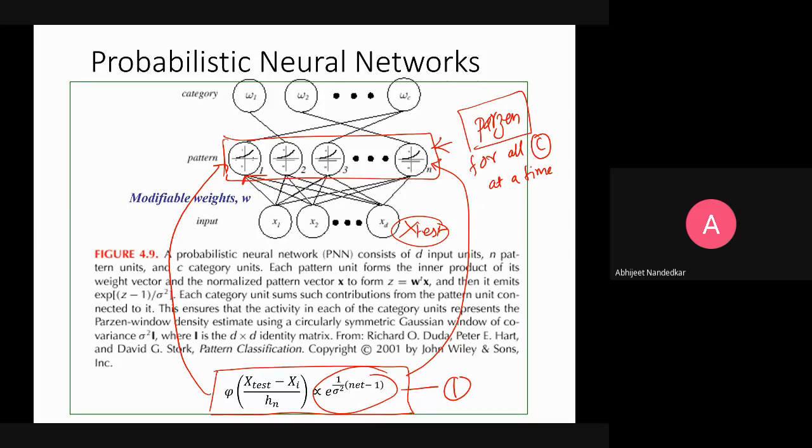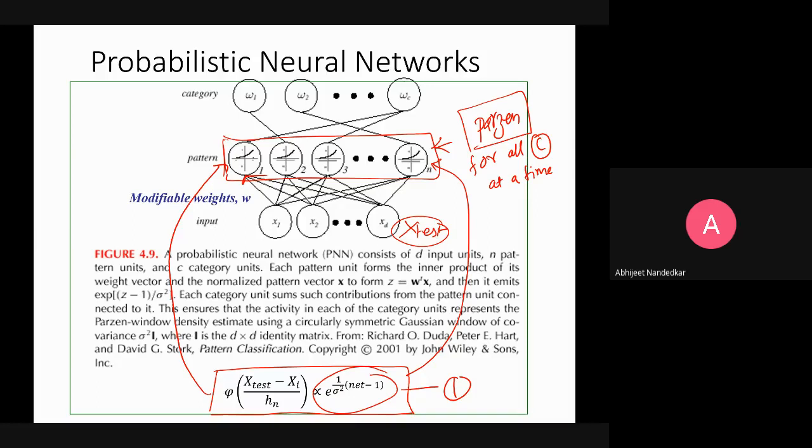Then we divide by the total number of samples to find the probability for that class. Then we go for the second class and repeat the procedure. Finally we decide regarding X test depending on who has the largest probability. So we are finally implementing Bayes, but in a different way.